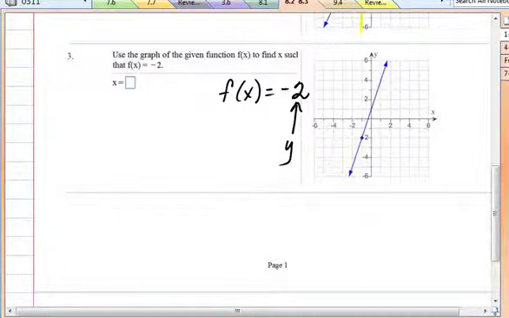All right? Now, once again, the point is highlighted for you, but if it weren't, you would say, well, let's see, y is negative 2 right here and all along here and all along here. And where does that cross my line? Right there. What are the coordinates of that point?